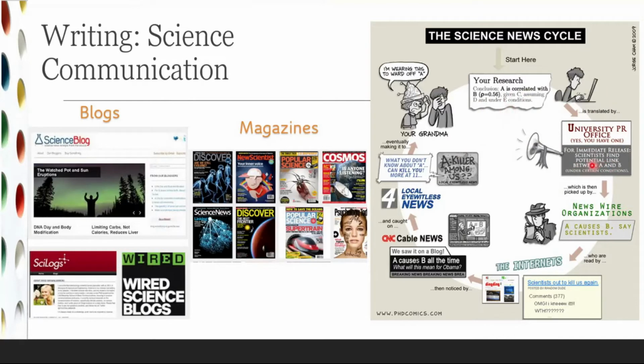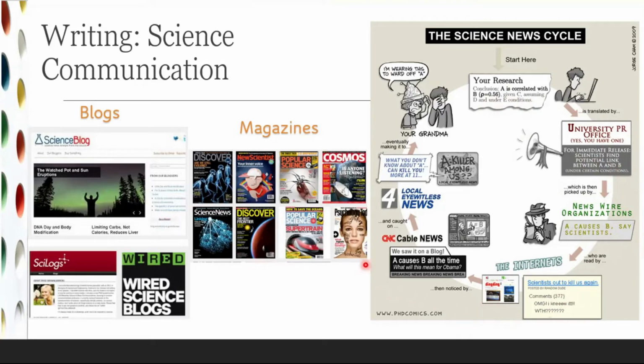And what they said was, for immediate release, scientists find potential link between A and B. So you can see, like the Chinese whispers game, the statement has now changed. Now this is picked up by the newswire organizations and they say A causes B. And then other people on the internet come up with their own thoughts and say scientists are out to kill us again.